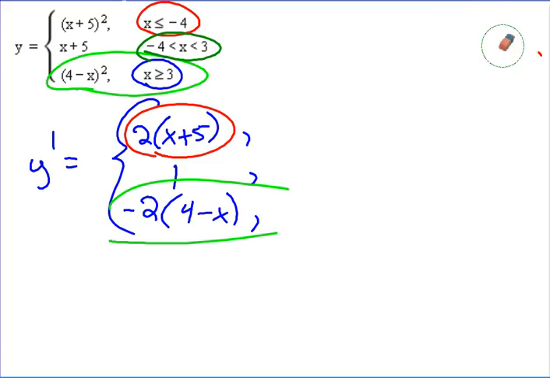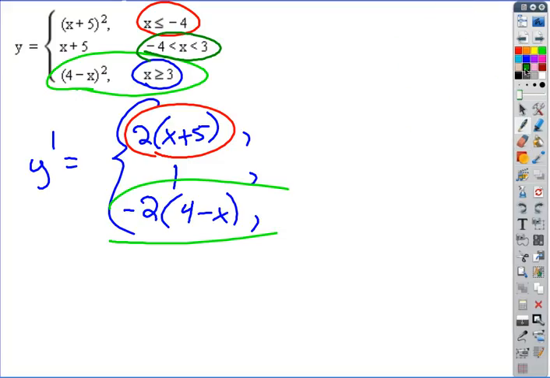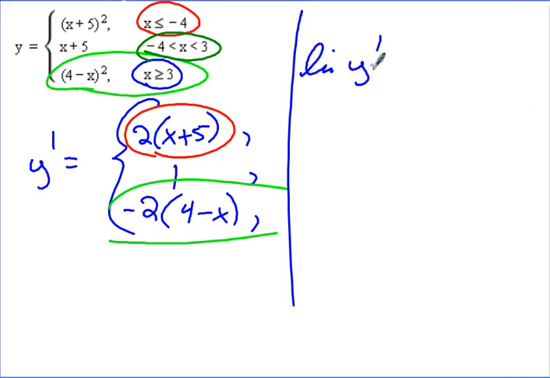Tell me what the slope sensor is going to say. What's the limit of the derivative function as x approaches 3 from the left?